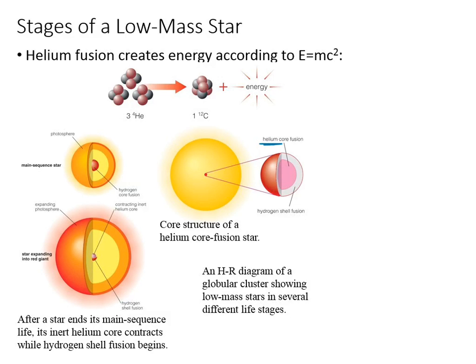Then around the helium core you have fresh hydrogen, fresh H, and when the darn thing starts to fall in on itself, because it's no longer a main sequence star, this becomes hot enough to begin shell hydrogen fusion.